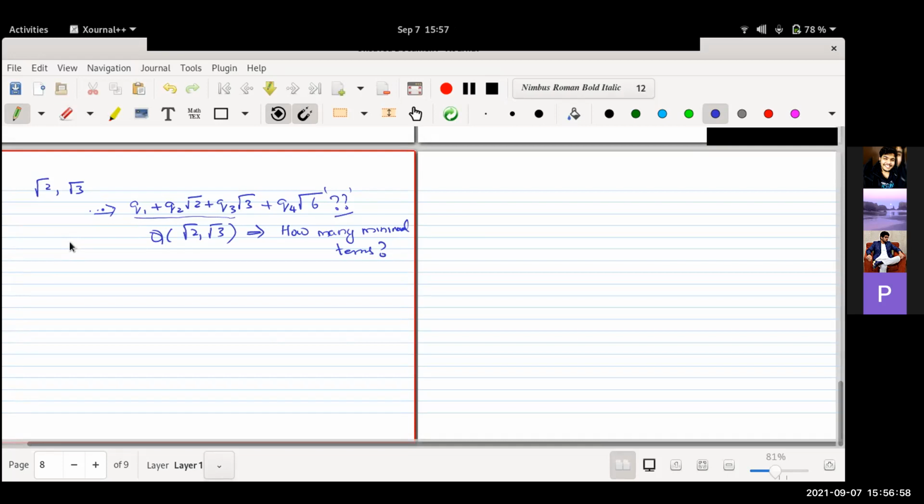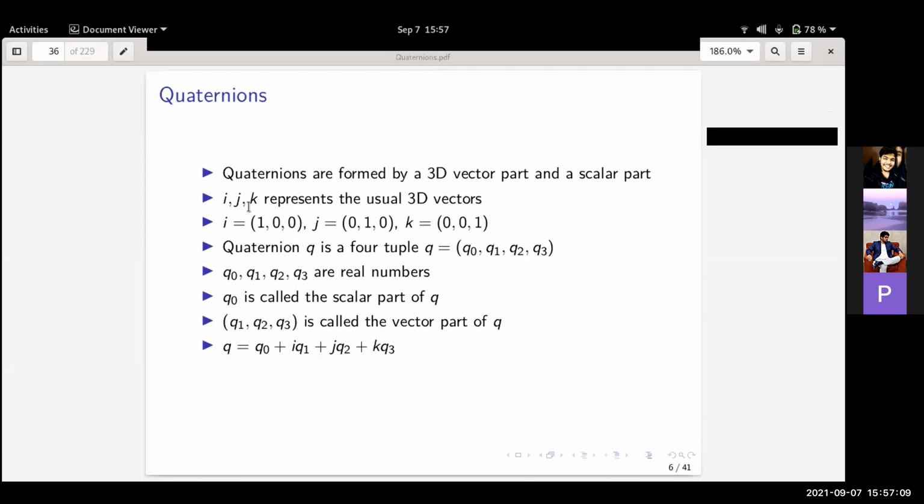You have to basically do those operations and see whether it is going out of the domain. When it goes out of the domain, you include those components also. So that is what we have been doing here. Even with the complex numbers, when the square root of -1 was not there, you simply included it in the domain.